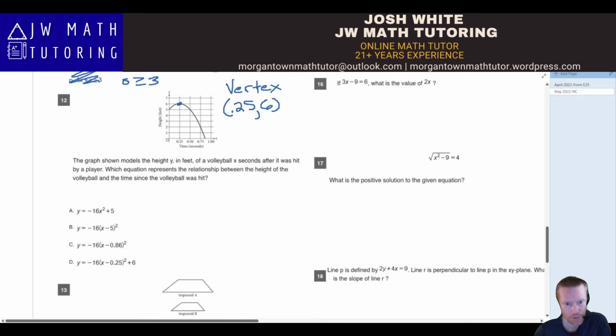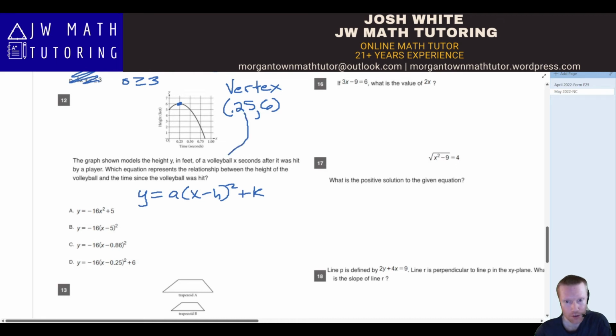So if you think about vertex form for a quadratic function, it's basically y equals a(x minus h) squared plus k. And h and k are the x and y coordinates of your vertex. So this is an equation you have to know, you have to memorize. Definitely comes up on at least one, if not more questions, on the SAT math section.